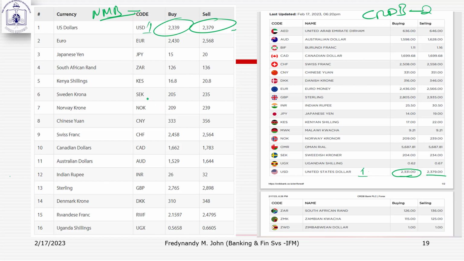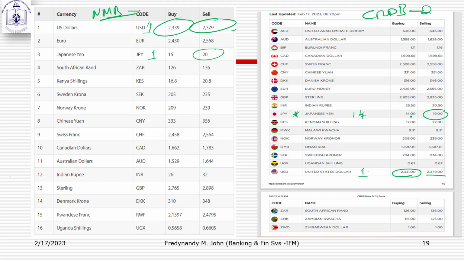What if you want to purchase or to sell Japanese yen? Dealer 1 is willing to sell you 1 unit of Japanese yen at 20 Tanzanian shillings, whereas dealer 2 is willing to sell to you 1 unit of Japanese yen at 19 Tanzanian shillings.